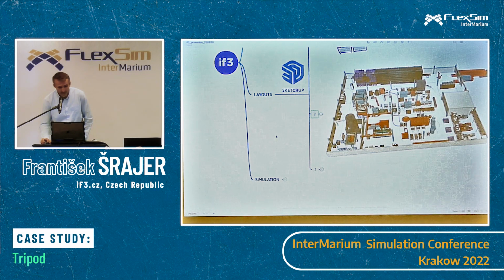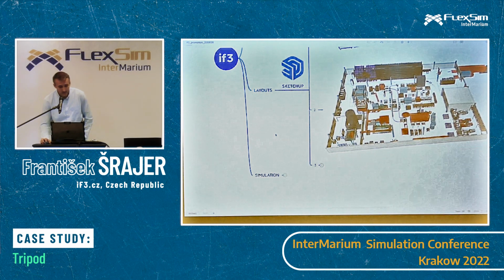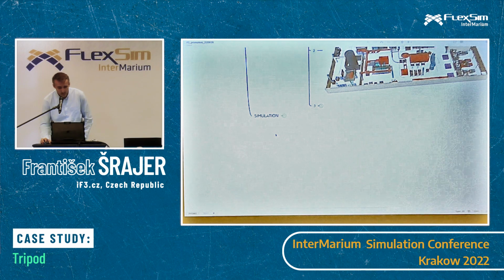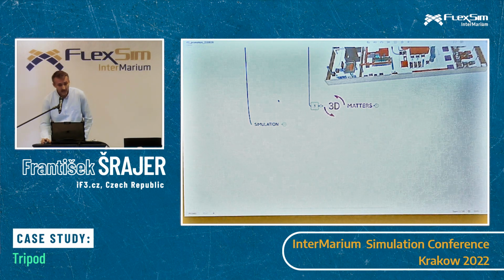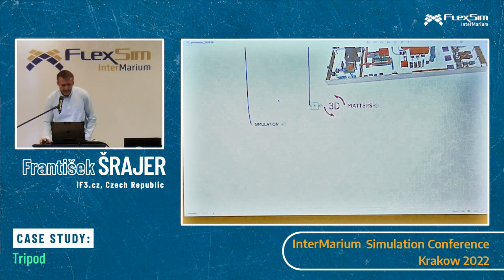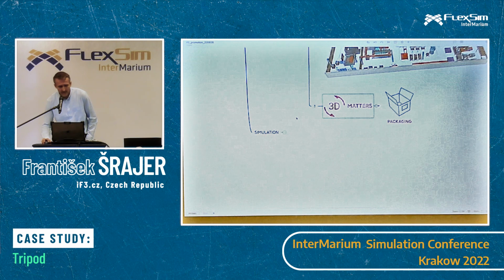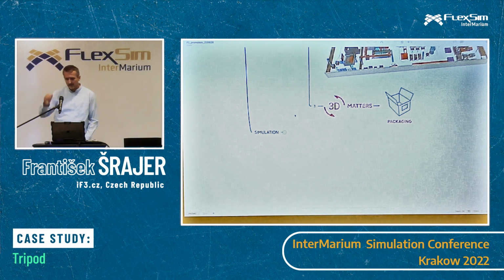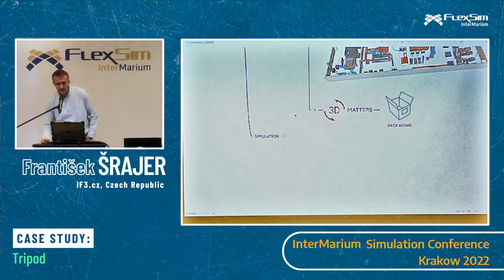So my highlight out of this tool that I am practically using as a freelance process engineer: 3D matters. This is my recommendation. And there is one more thing I want to point out, and this is packaging.